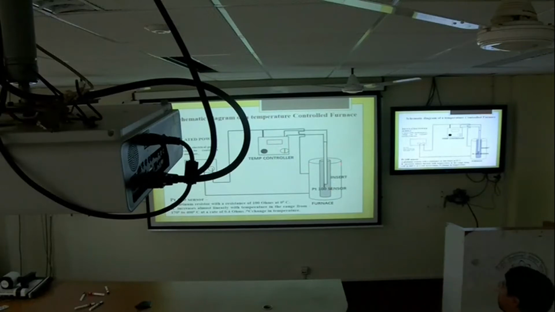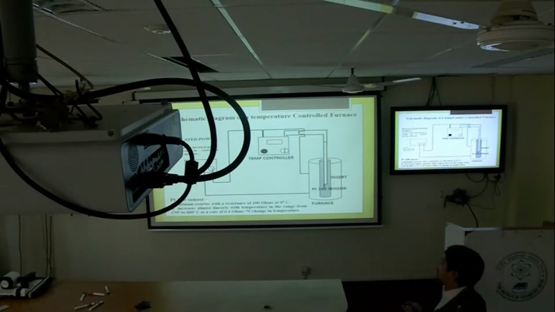So the temperature controller, and the other one is the furnace. I show you the old model; the new model is better, compact and looks good. The insert is connected across the temperature controller, and it contains a platinum 100 resistance thermometer, which has a platinum resistance and shows a 100 ohm resistance at 0 degree.